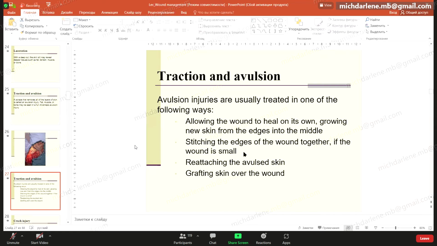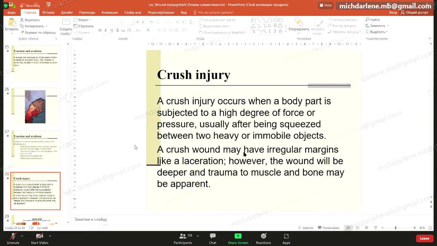But the result of the treatment was good. Why? Because in all of these traction and avulsion injuries, all the subskin tissues stay alive. That's why if you win against bacterial contamination with antibiotics and many special kinds of bandages, you have good results in the treatment.